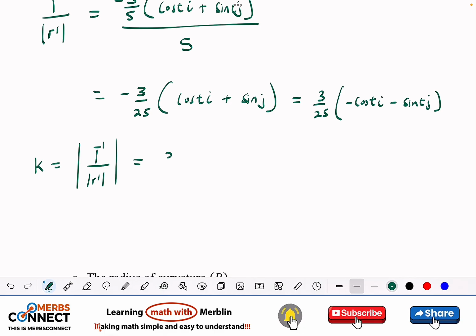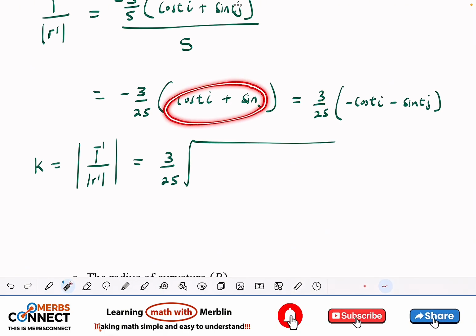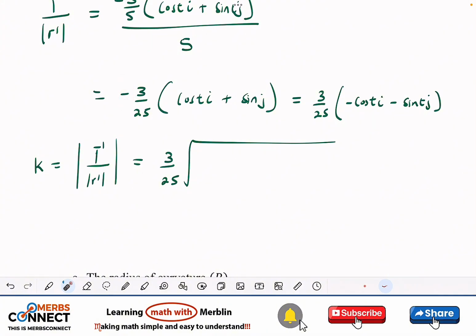So I'll have 3 over 25 out, then I'll pick my square root. And as I said, you can use the same thing for this one too. All you need to do is ignore this because you are finding the magnitude. When I find the magnitude of this scalar constant, it will make this one positive.